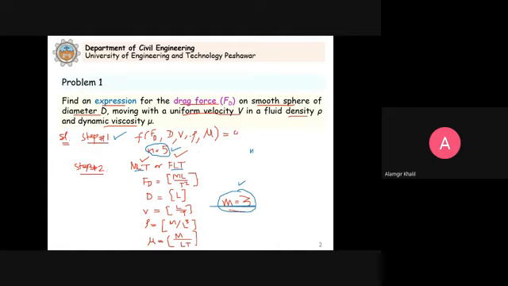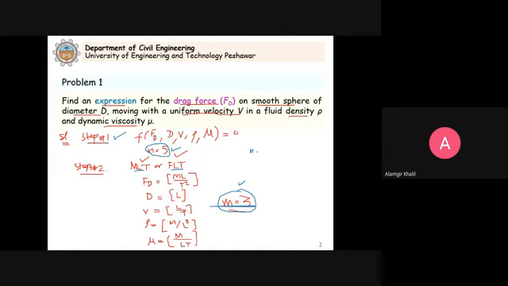So this is the first question. For example, in this question, 5 parameters are given. So the question is that we can reduce these 5 parameters into how many dimensionless groups or products or pi terms. So this question is answered by the Buckingham-Pi theorem.